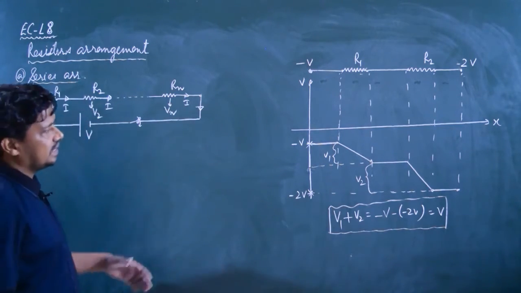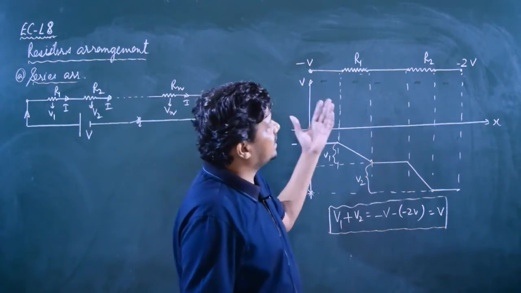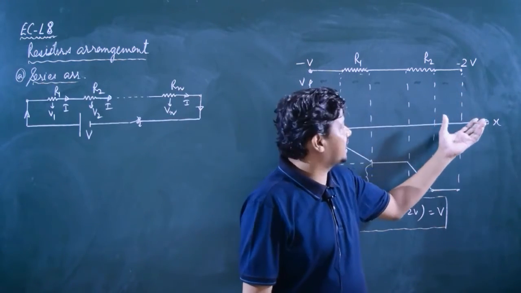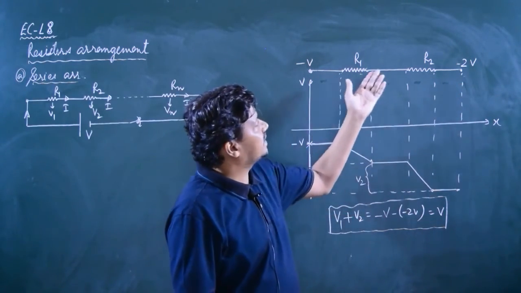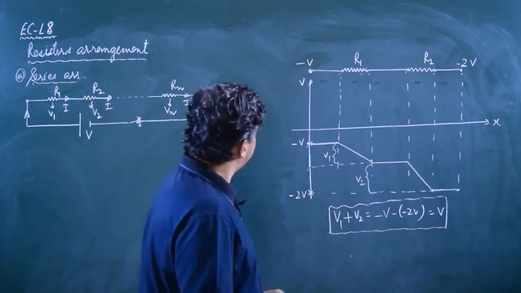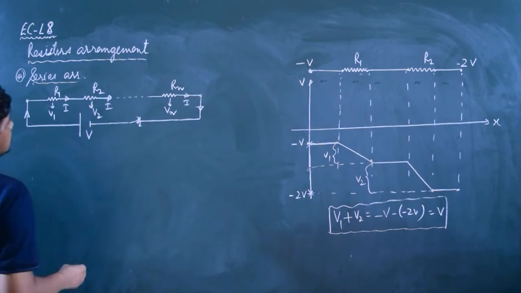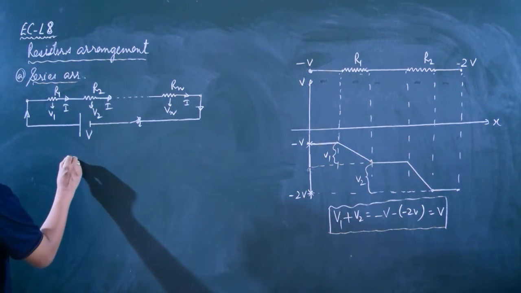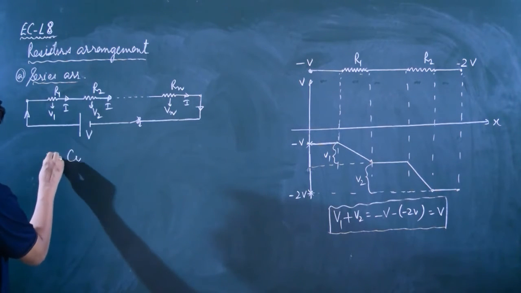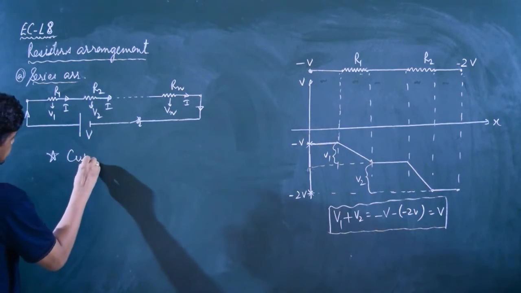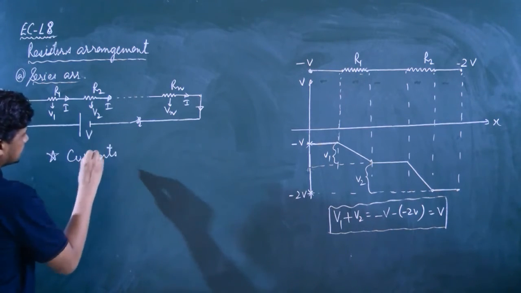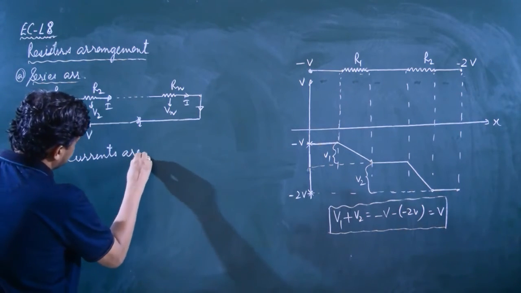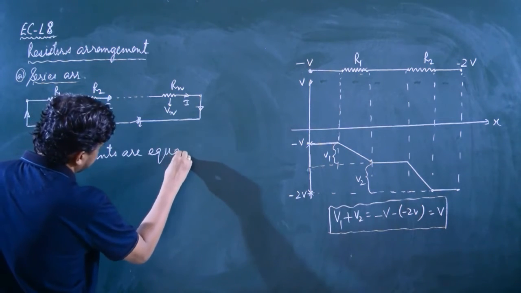Here we have graphically verified that the potential difference between the ends of the circuit will be equal to the algebraic sum of all the potentials across the elements. Now see the supplied potential. First point, currents are equal.